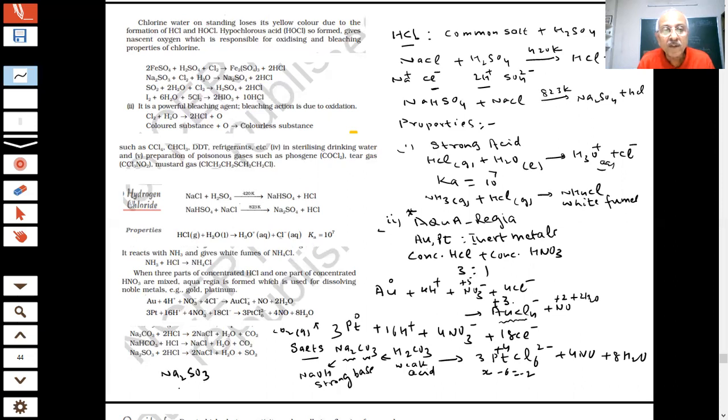If I have Na2SO3, it comes from the acid H2SO3, not H2SO4. So these are sulfites, sodium sulfite. If I put HCl again, it will give SO3, which decomposes into SO2.